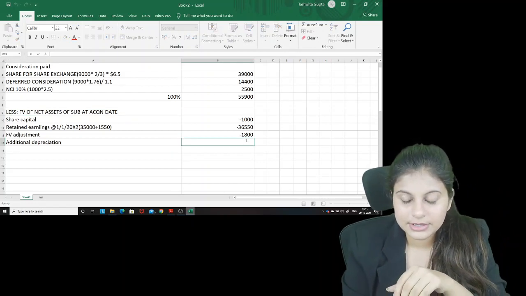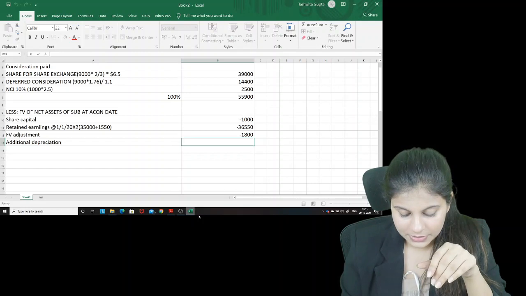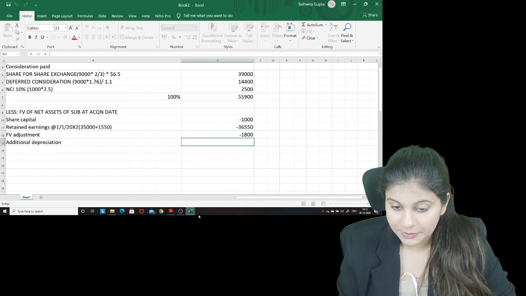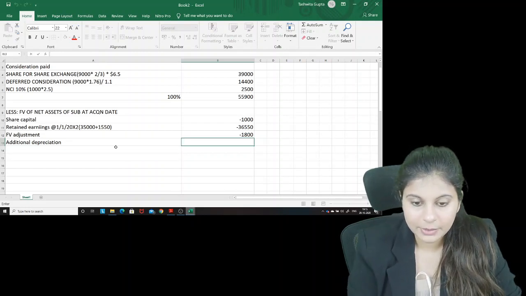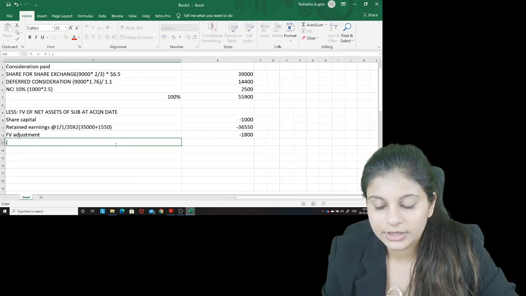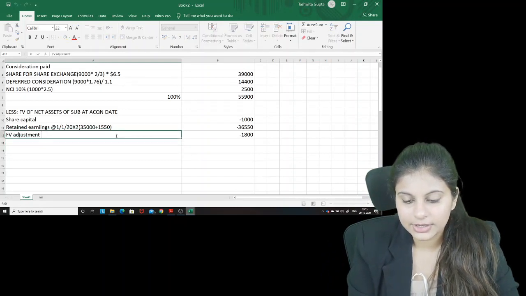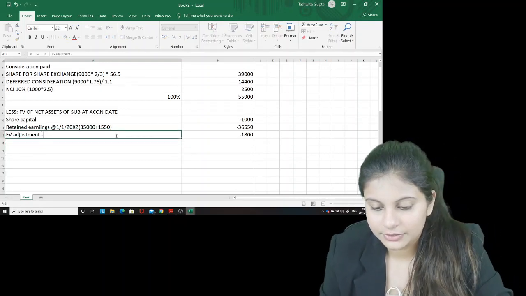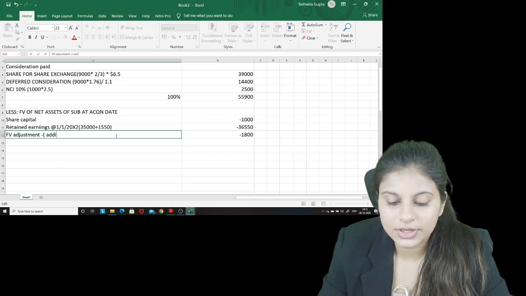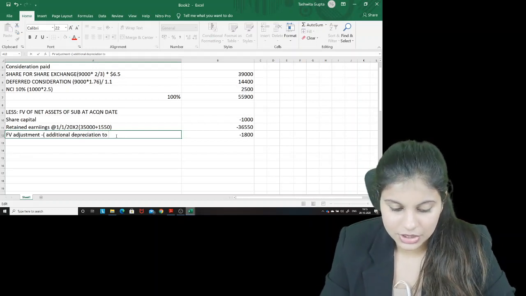It is 1800 divided by 3. This additional depreciation will actually not come here because this will happen at the reporting date now. So you can just calculate it in the inner column, or you can just skip it and write here one note: don't forget to take additional depreciation to COGS.